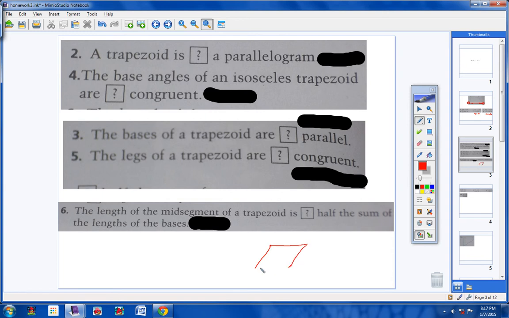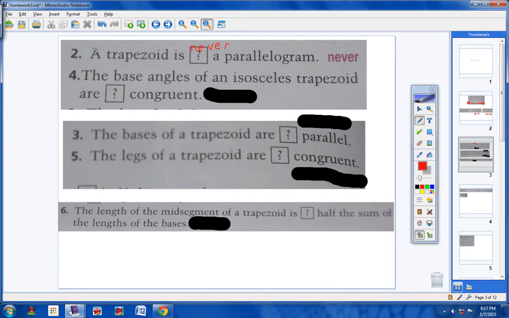So there's no way, never, there's no way a trapezoid can ever be a parallelogram, because the definition of a trapezoid is you have exactly one set of parallel sides, and the definition of a parallelogram is you have two sets or two pairs of parallel sides. So no, never can that happen. A trapezoid can never be a parallelogram.